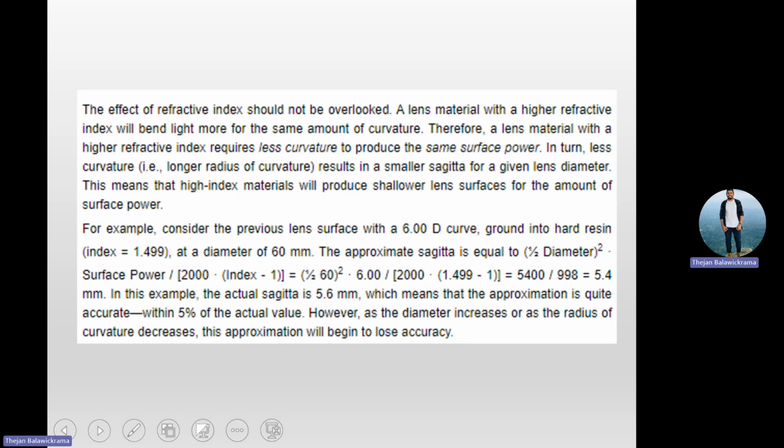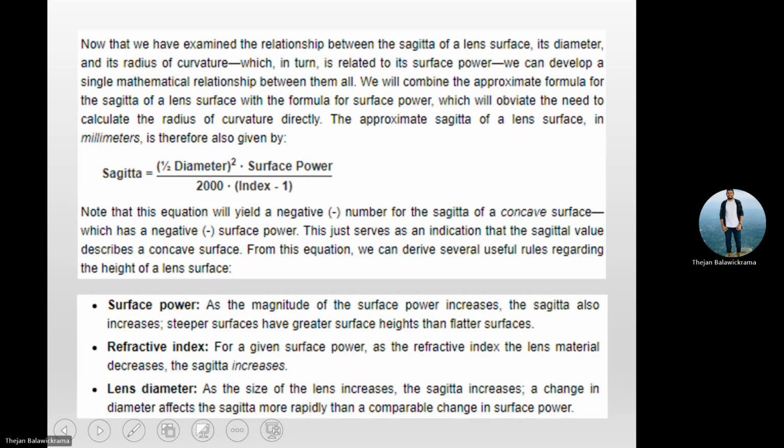Let's look at this. They have substituted the surface power and the half diameter into the earlier equation, put in the real values and found the sagitta value for a particular example. Overall, with these values, the sagitta value is 5.4 millimeters. Right? So that's a calculation one, and you can do it at home.